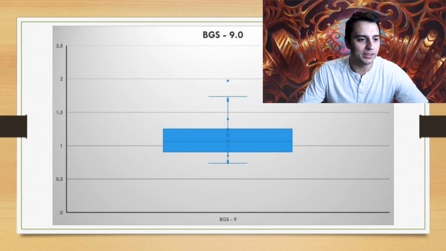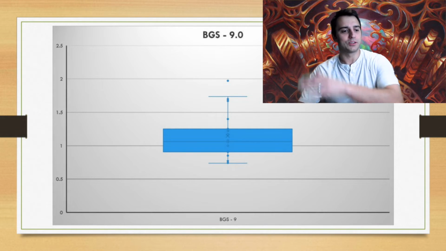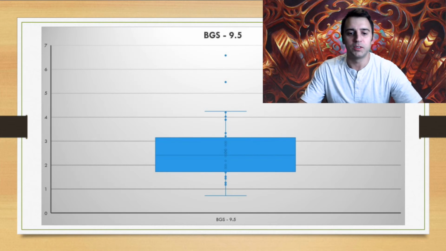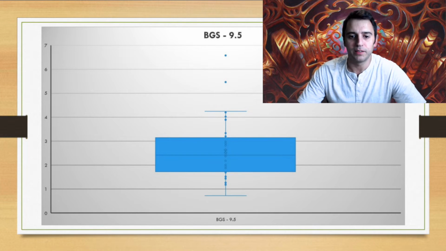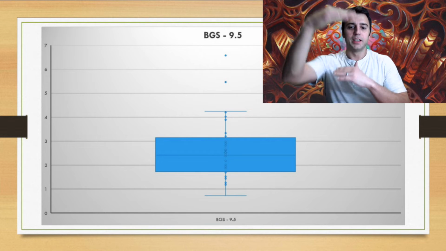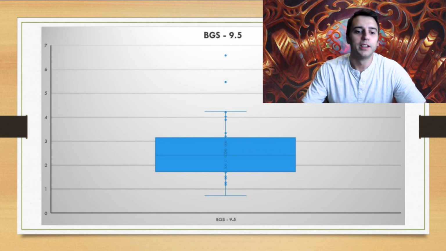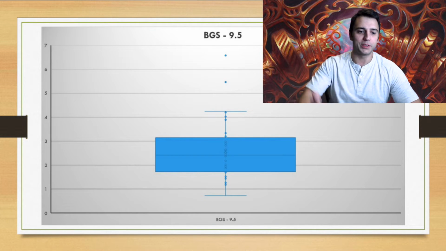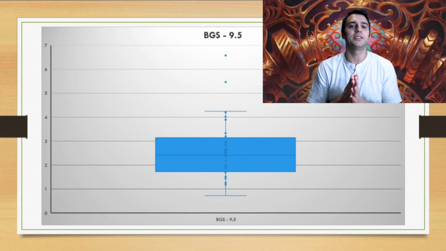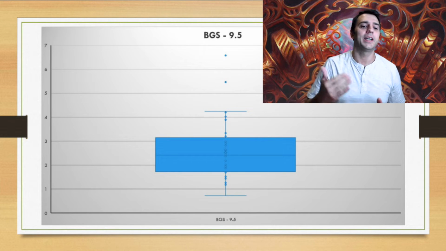So let's take a look now, shifting gears to the BGS 9.5, the Gem Mint BGS 9.5 gold label. Here you can see that the cluster has shifted up from the range of 1.75 all the way over to 3, with most of the data concentrated in that 2 to 3x range.